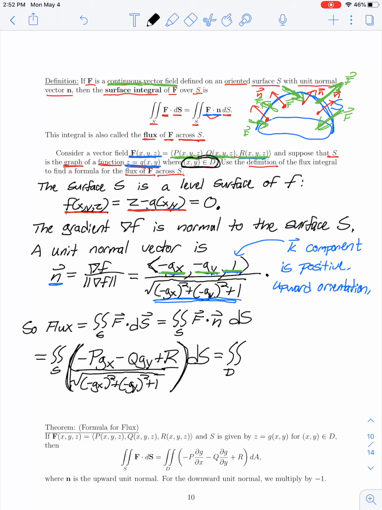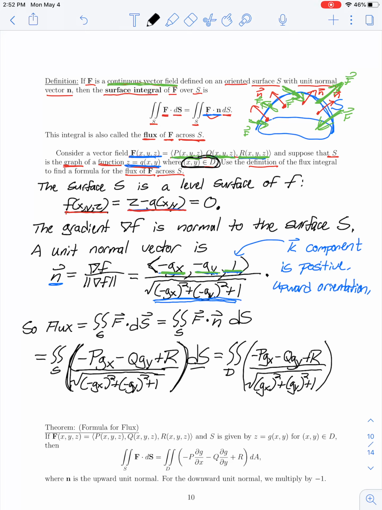And we would take our function, which we just found was negative p g sub x, negative q g sub y plus r, over the square root of, if we square these expressions, we can forget about the negatives inside of the parentheses. So I would have the partial of g with respect to x squared, doesn't matter if it's a positive or negative being squared, plus the partial of g with respect to y squared plus 1.